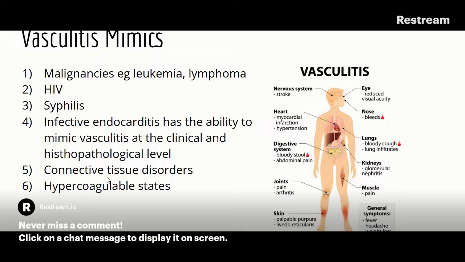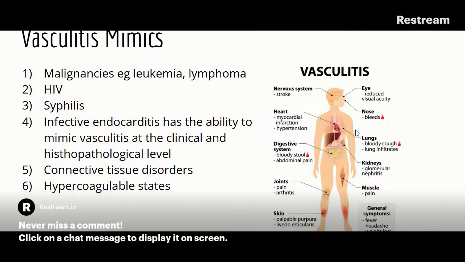Connective tissue disorders, so you've got something like Ehlers-Danlos, for example, that can present in a particular way because your connective tissue is damaged, causing your organs to have a problem rather than your blood flow. It's difficult to actually identify on first presentation which one it is. It needs a workup to be done. And lastly, hypercoagulable states, of which malignancy can be one.